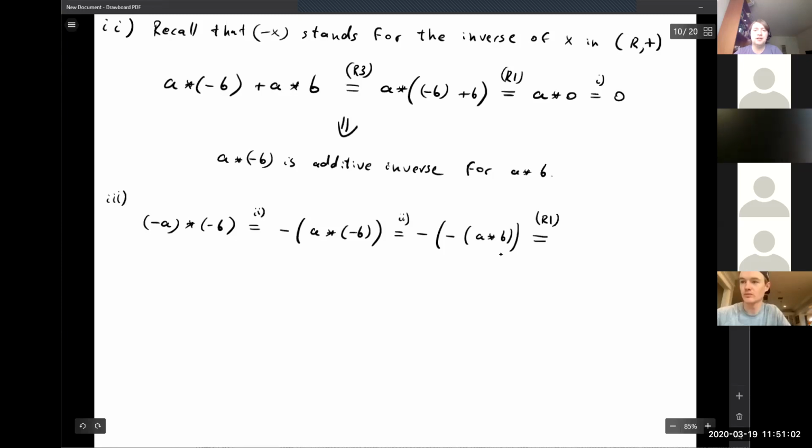So by the property R1, if we twice take the inverse in a group, then this is the same as A star B. Okay. So the inverse of an inverse in a group R with a binary operation plus. Okay, so here we go.